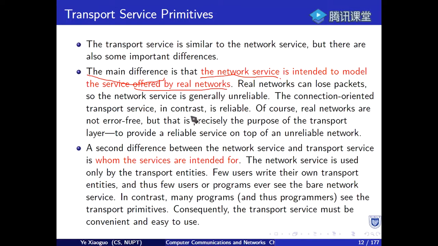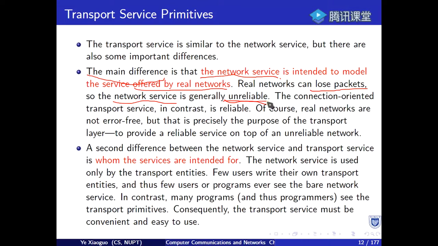We know real networks often lose packets, right? Real networks are not an ideal environment, so they always lose packets. So the network service is generally unreliable and loses packets from time to time.